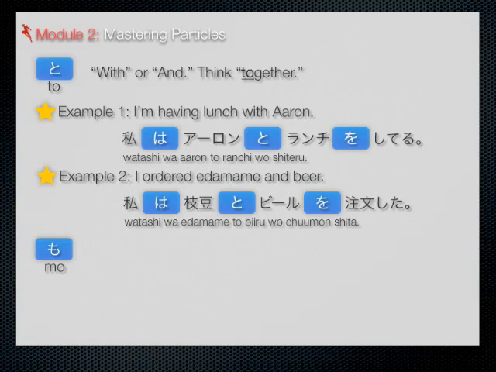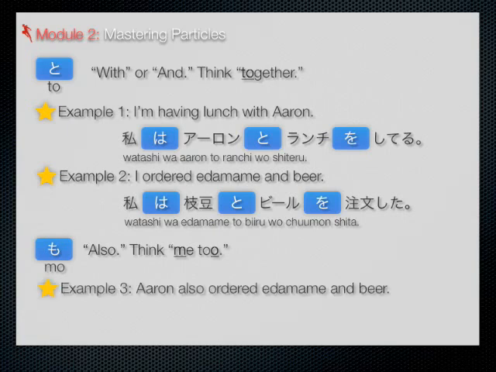The next one, let's move on to mo, all right? So when I think of mo, it means also, but I kind of think of me too. So take the M from me and the O at the end of to, and you got mo. It's a bit of a stretch, but I think it's an easy way to remember mo. So if we look at a sample sentence, let's say Aaron also ordered edamame and beer.